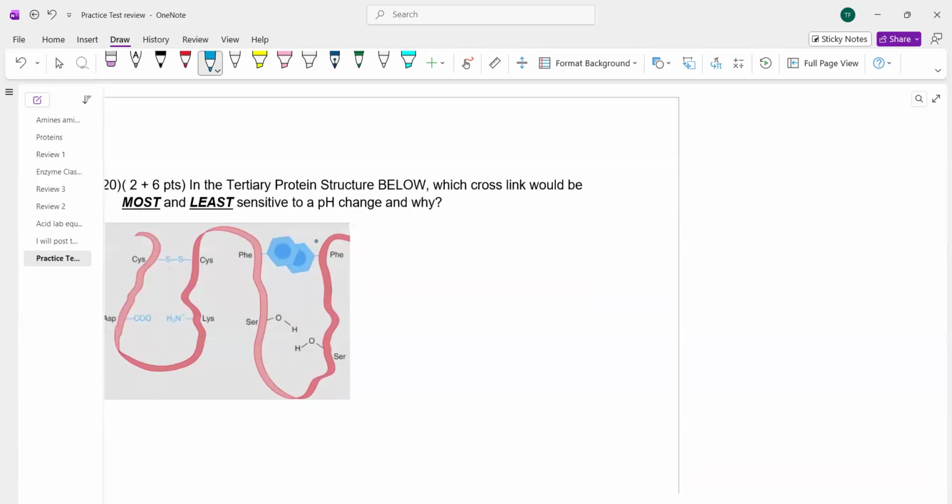So that's going to be the covalent one, the strongest. So we're going to start with covalent, then we have ionic, and we have hydrogen bonding, and we have IMFs.